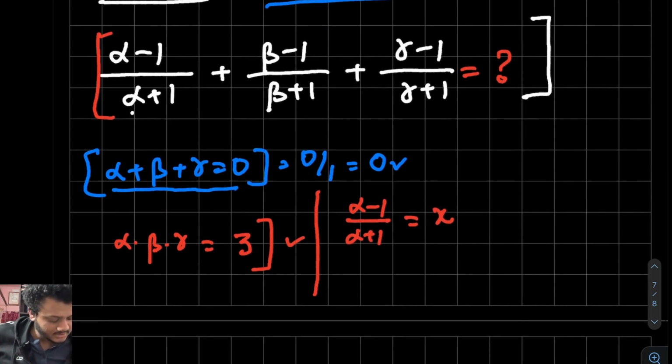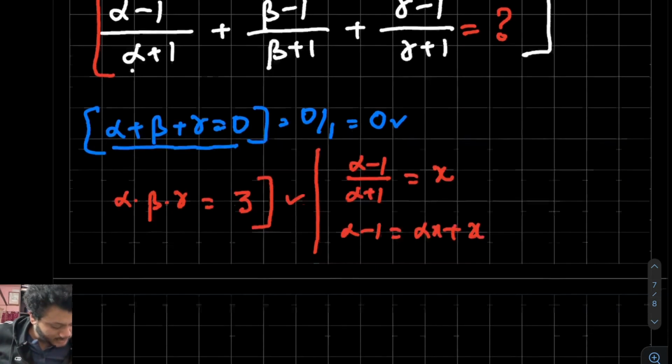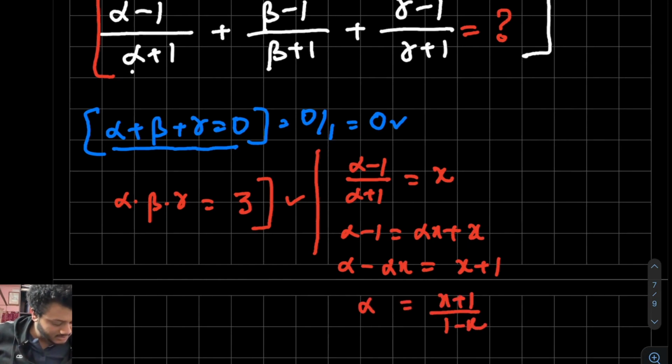So we can churn out the value of alpha: alpha minus 1 equals alpha x plus x, and from here we need alpha, so we can write alpha minus alpha x equals x plus 1, and alpha is equal to x plus 1 divided by 1 minus x.